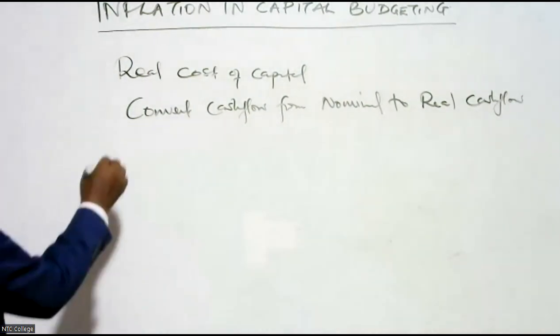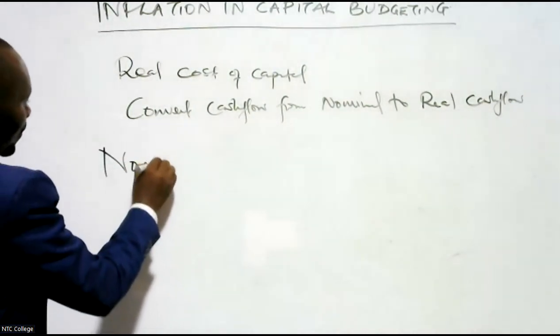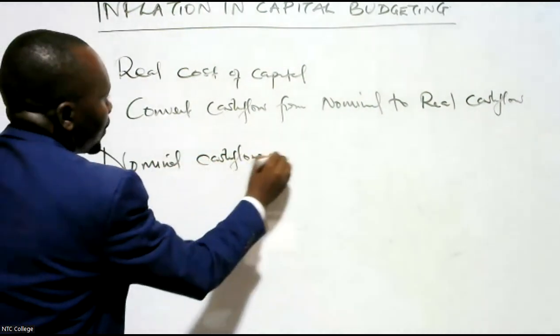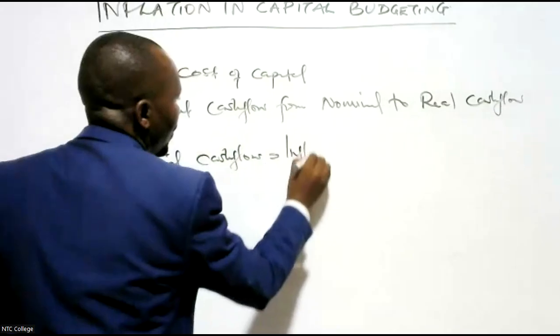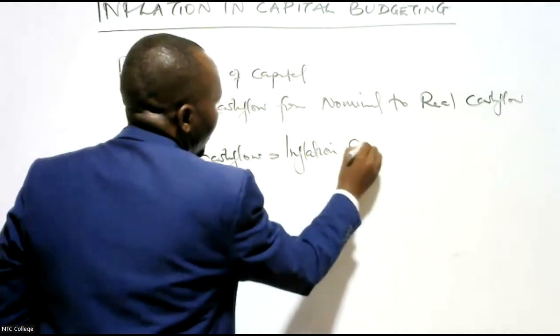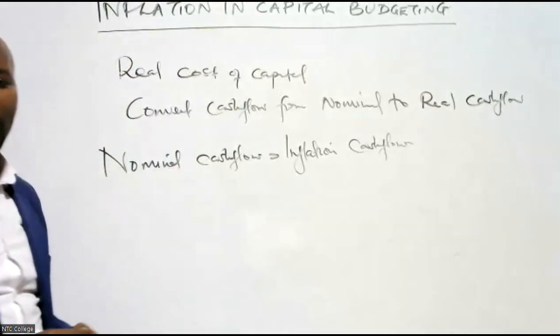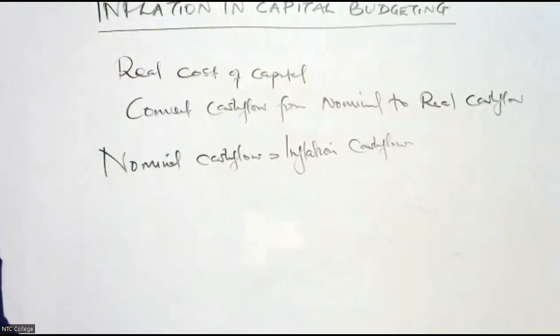So we are saying that nominal cash flow is equal to inflation cash flow. Yani cash flow with inflation in it. And how do we do it?